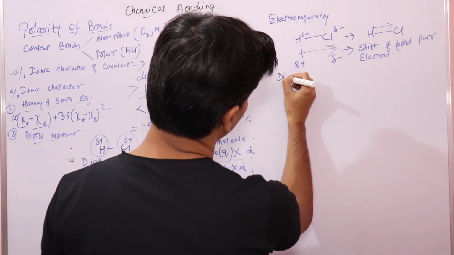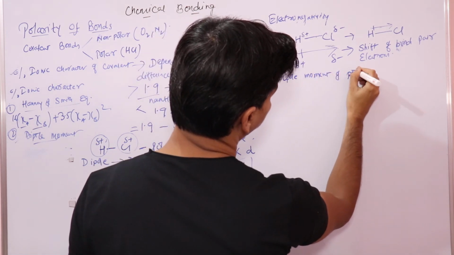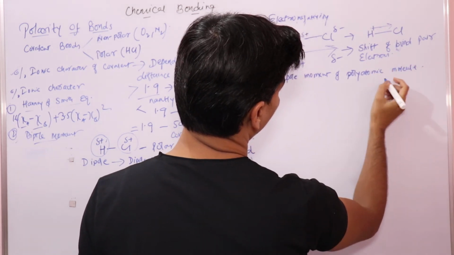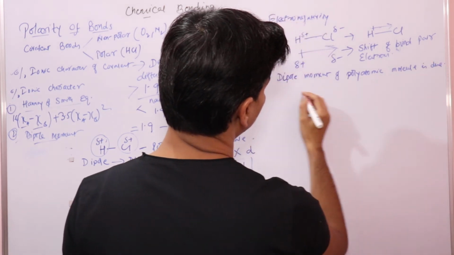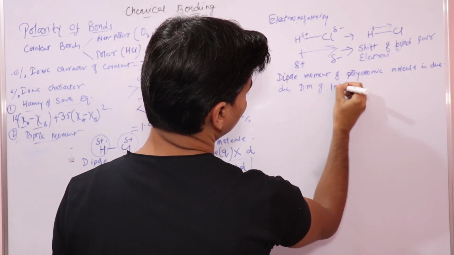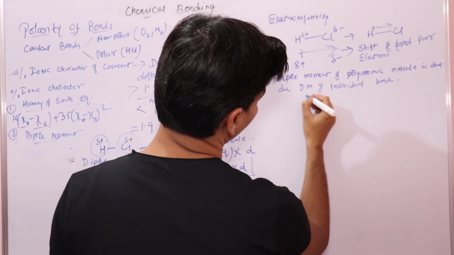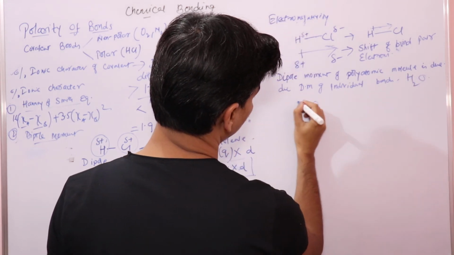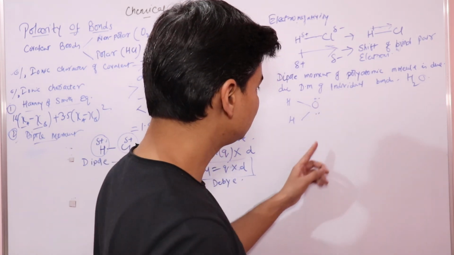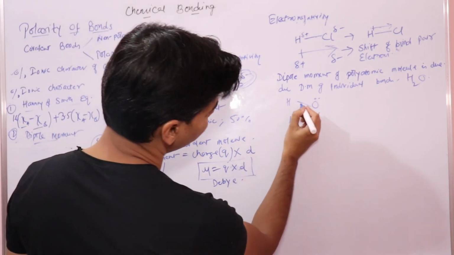Since the dipole moment is represented from electropositive to electronegative elements, it's like this.